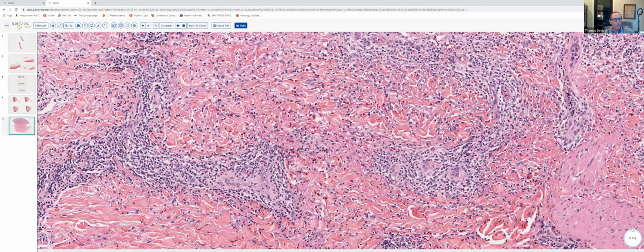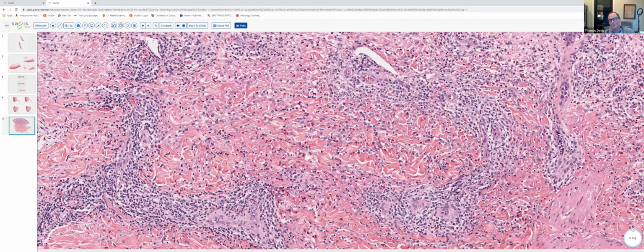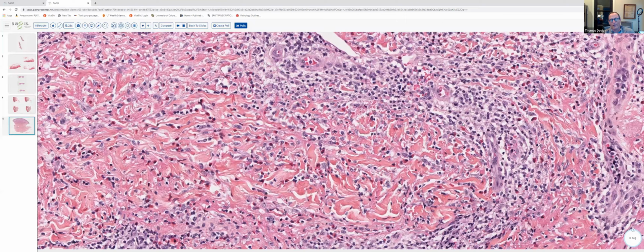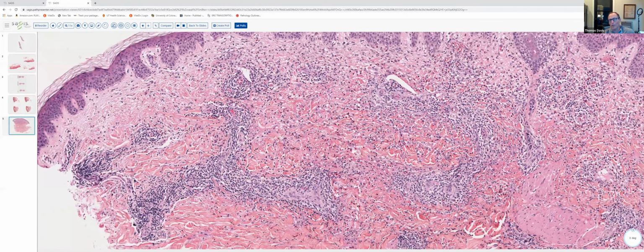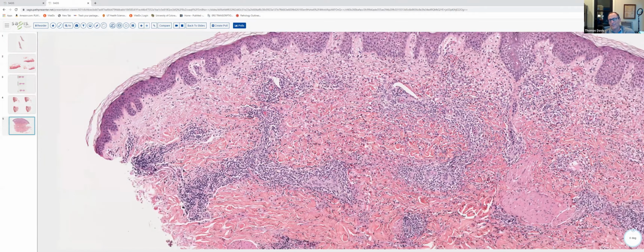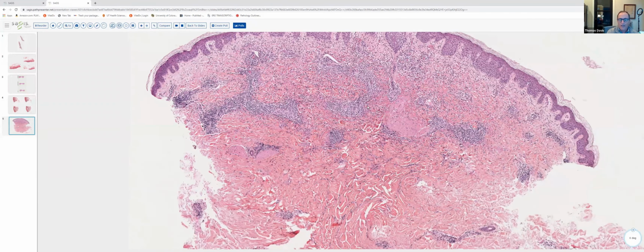And of course, one should be able to identify several enlarged atypical lymphocytes present within the infiltrate with somewhat pleomorphic nuclei, frequently prominent nucleoli, and they should be CD30 positive. And then, of course, one would get a typical history of lesions that kind of come and go.